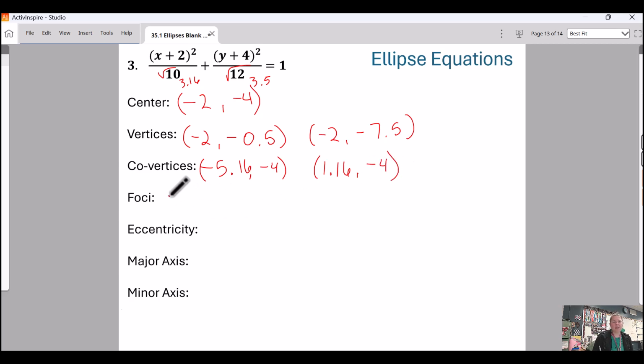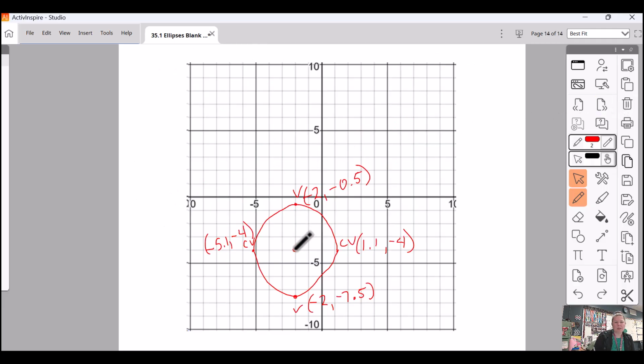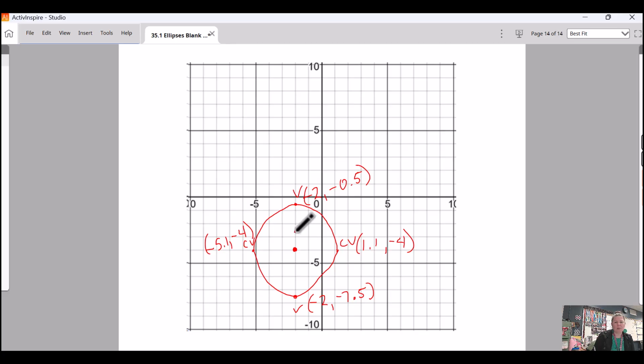So then our foci, the focal length is C equals the bigger number, and remember it's the squared number, so 12 minus 10 square rooted. So this is going to be the square root of 2, and that is 1.4. And so we're going to move up and down 1.4.